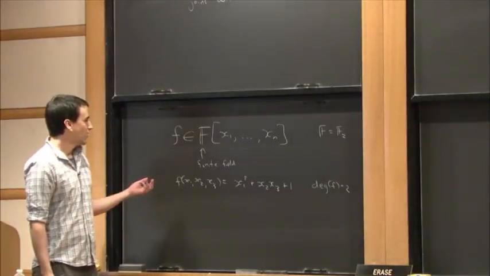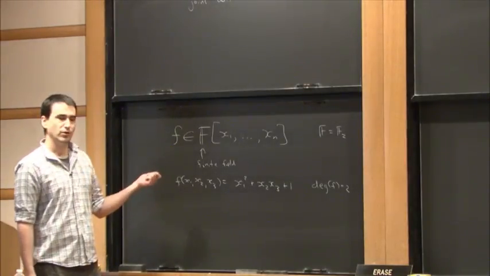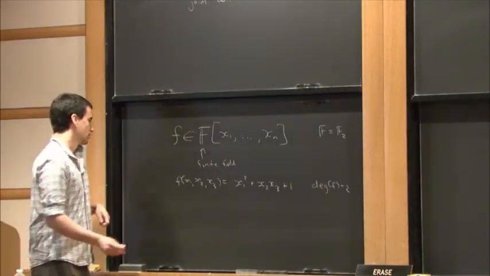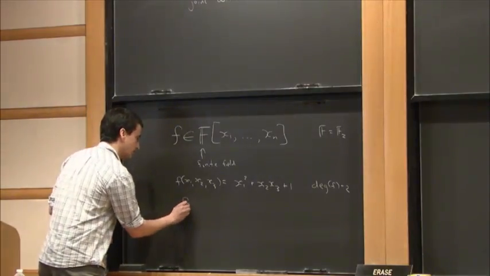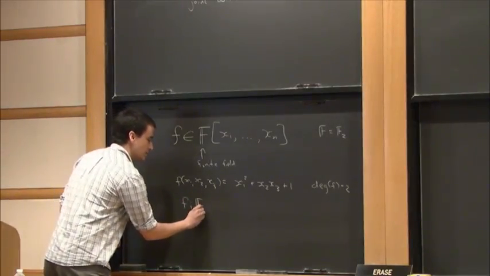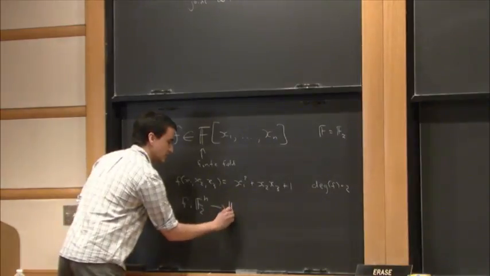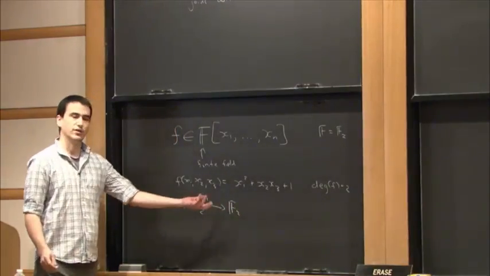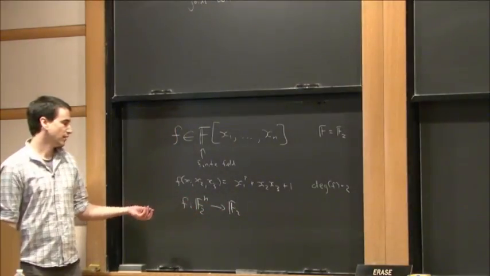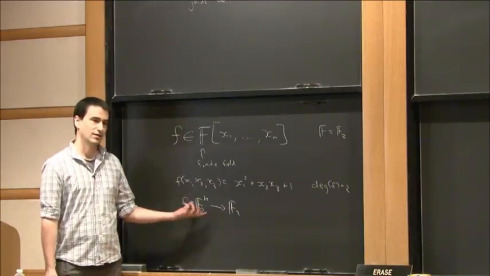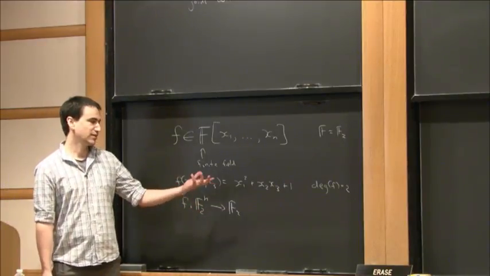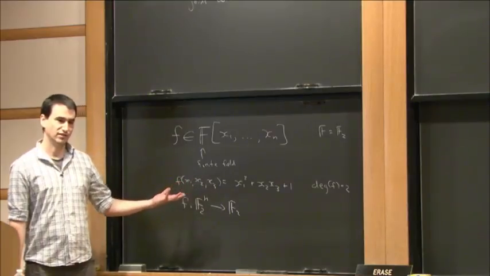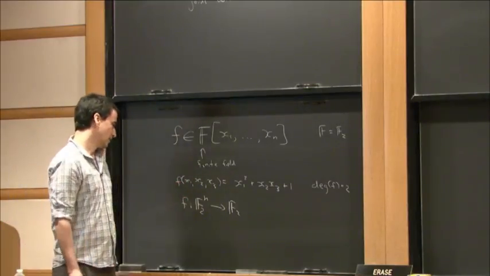Okay, and we'll actually be interested in polynomials computing functions. So we'll think of the polynomial as a function, a Boolean function actually, from f2 to the n to f2 in a very natural way. Simply we take the n field elements, plug them into the polynomial, and evaluate it. And we get one field element.